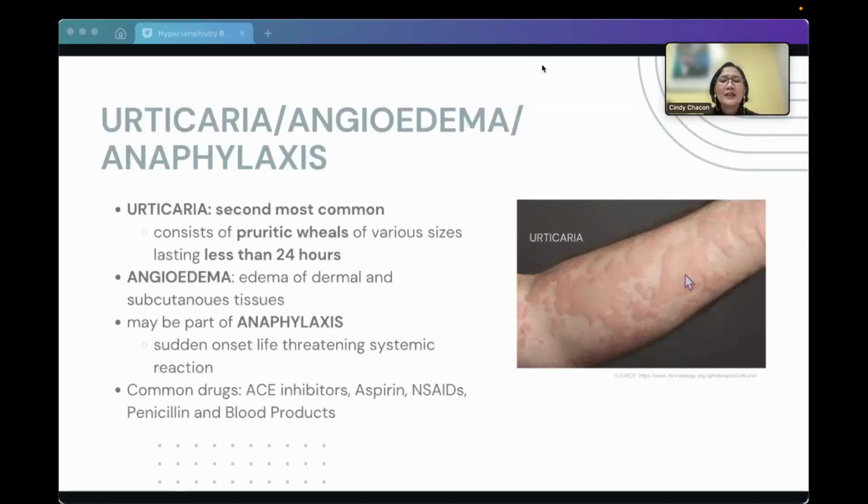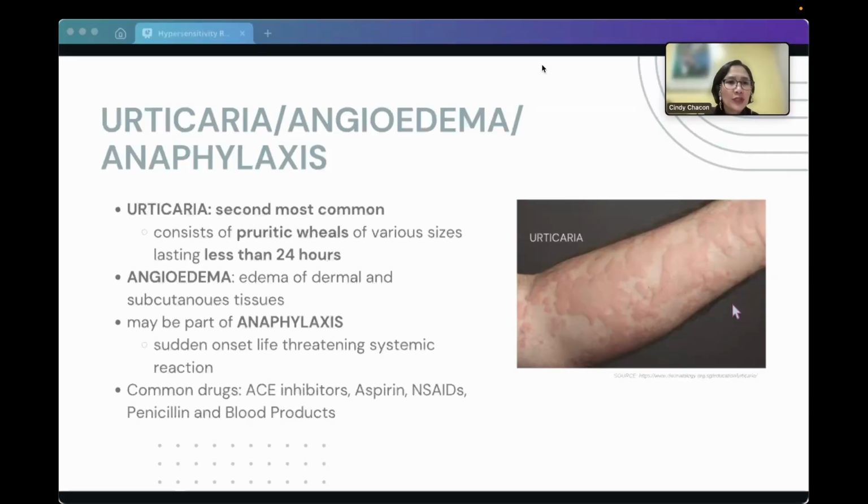It is frequently associated with ACE inhibitors, aspirin, NSAIDs, penicillin, and blood products. But similar to maculopapular rashes, it may also be observed in all drugs. However, medications account for no more than 10 to 20% of acute urticarial cases.